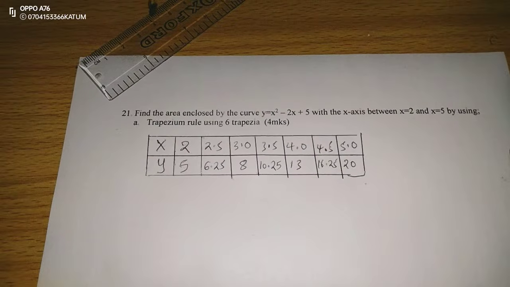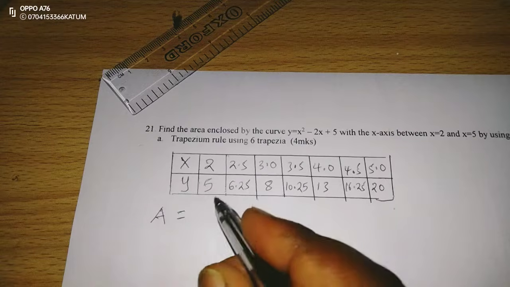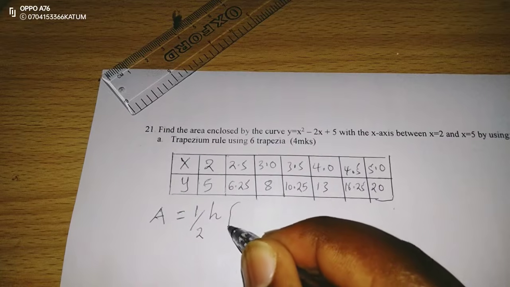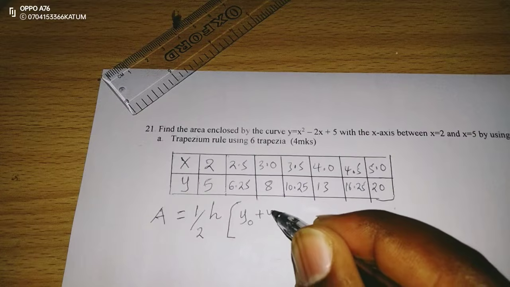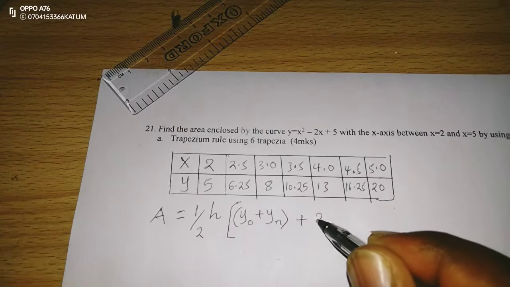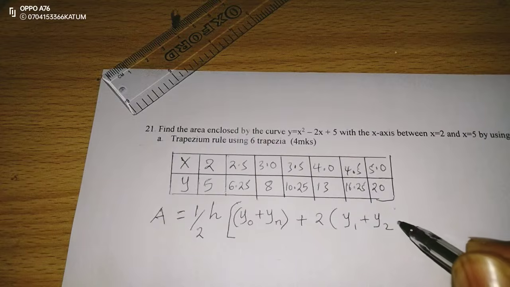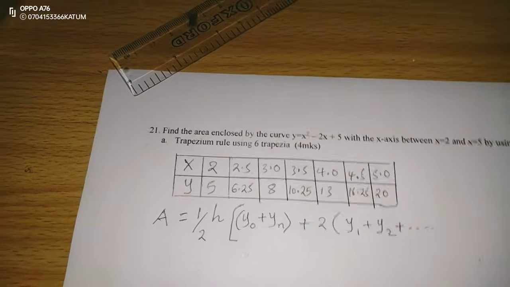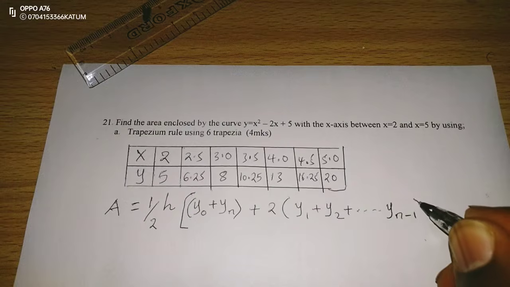So now to use the trapezia rule, area under a curve is going to be given by half multiplied by h into y naught plus yn, then we add 2 multiplied by y1 plus y2, then we continue adding the values of y until we add y just before the nth.